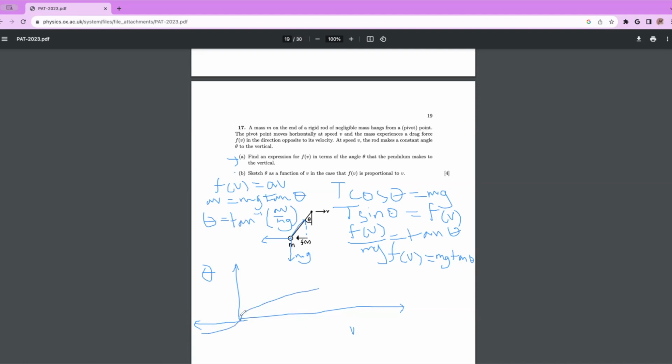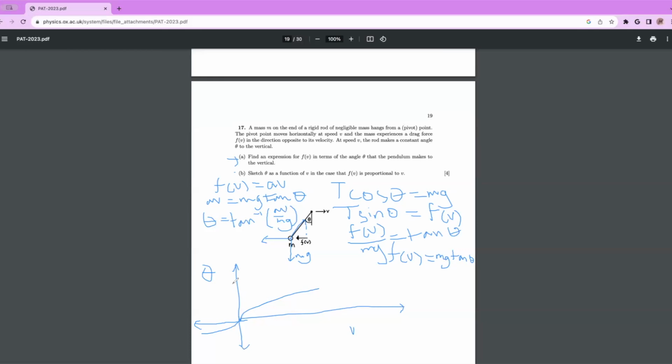It's going to be something like that. And does it approach a value? Yes. Okay, so arctangent generally approaches pi over 2. So that means A over mg has to equal pi over 2.